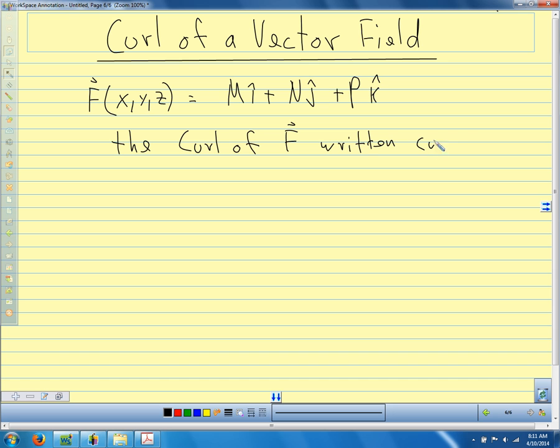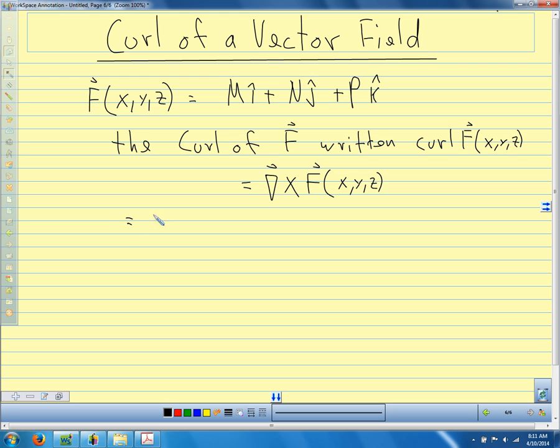We can just say the curl. Just use the word curl. Equals del cross f. And del cross f, we'll write it out, and then we'll talk about how we calculate it.